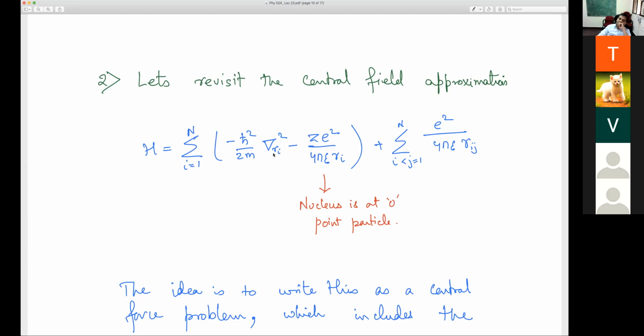So minus h bar square by 2m del square Ri, where Ri should be a vector here, minus Ze square by 4 pi epsilon naught Ri, summed over 1 to n number of electrons. So these are the single particle Hamiltonians. Plus I should have the electron-electron interaction: e square by 4 pi epsilon naught Rij, where ij is a pair of electrons.